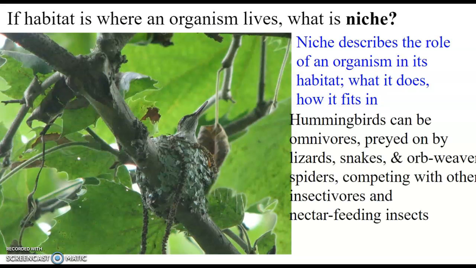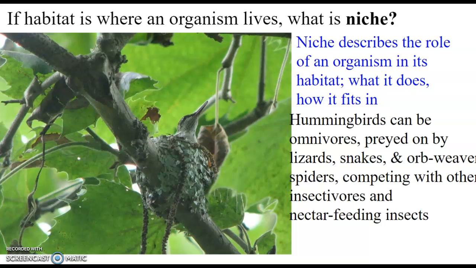So hummingbirds can be omnivores. So we can talk about the type of feeding they do as organisms. Or if they are a consumer or a producer. Hummingbirds get preyed on by lizards, snakes, and orb weaver spiders. So they feed some of those organisms. They compete with other insectivores and nectar-feeding insects.